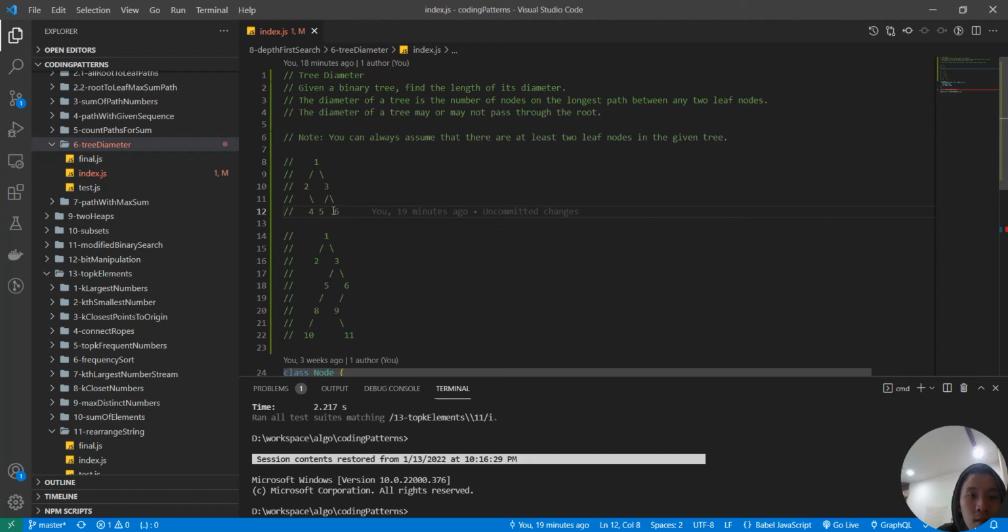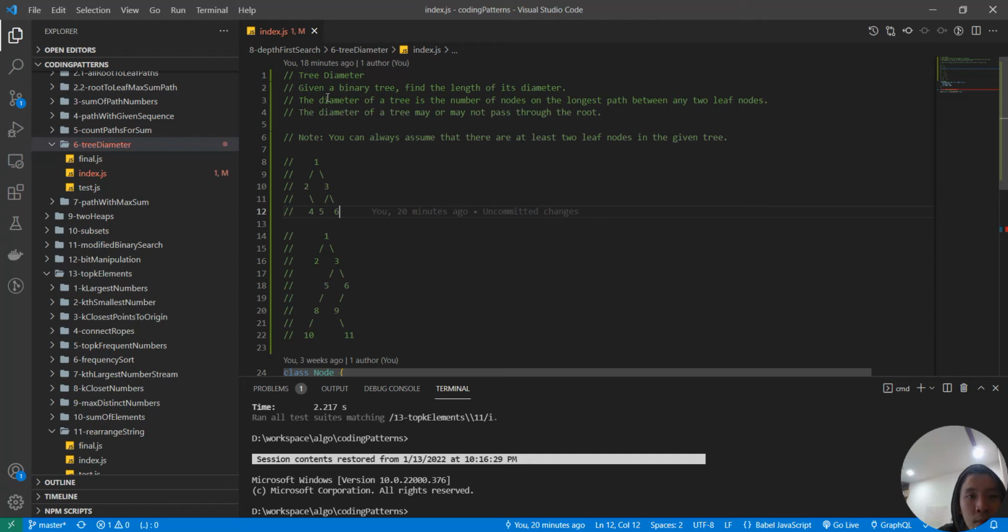And 4 to 6, the path would be 4, 2, 1, 3, 6. Also 5 nodes in total. So that's all the paths that we can find between two leaf nodes. So the longest path that we can find is of length 5.